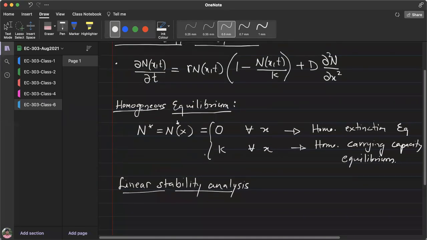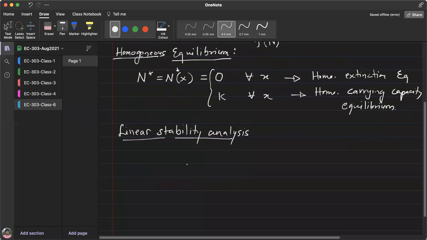In fact, if I were to replace this by a more general function f of n, where n does depend on space and time, and then I look at a perturbation, n star, any of the mean field equilibrium, plus a spatially dependent, I don't mean to write eta, I mean to write n, a spatially dependent, small perturbation.